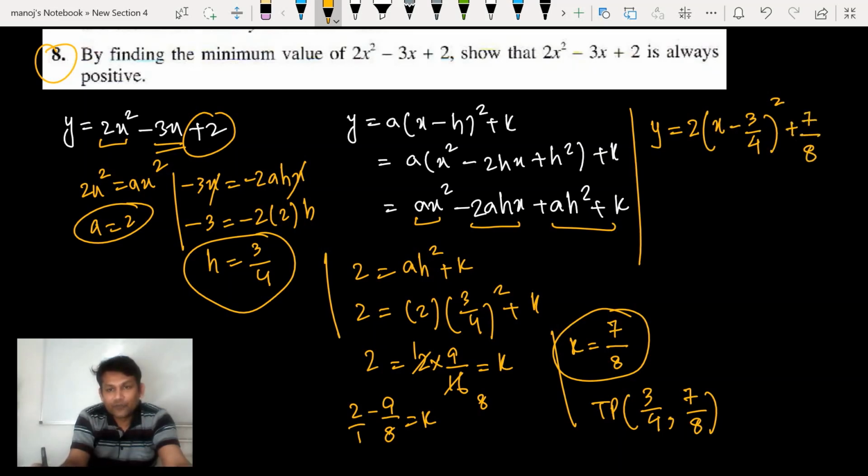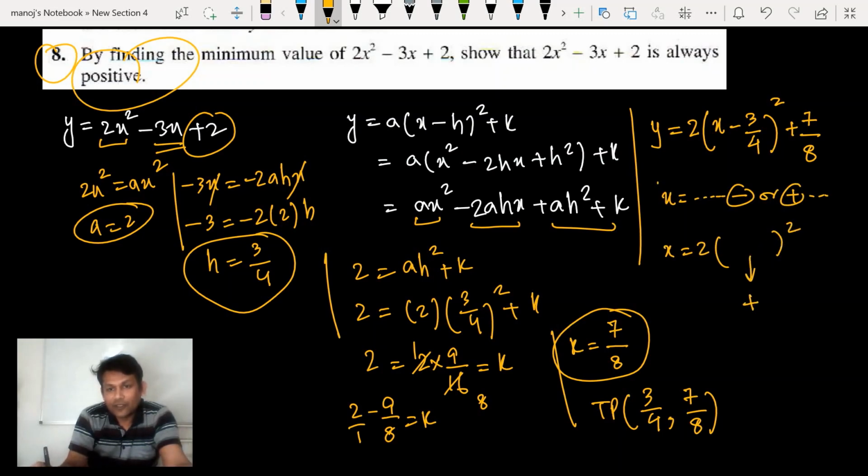What do you mean by positive? In this question, when you substitute any value of x, negative or positive or whatever, remember this bracket is a whole square, so this x negative square will make the effect always positive, and the outside is also positive. It means this whole square shows that all the values of x will become positive when you make the square, and that's the reason. Done.